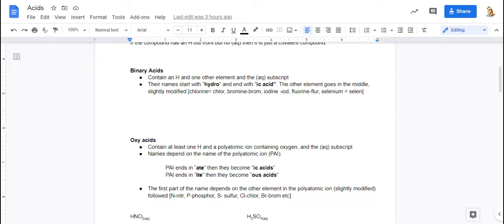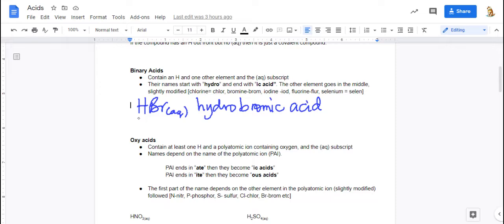So HBr is hydrobromic acid. So you take the INE off of the halogens and what's left, you add the ic acid.